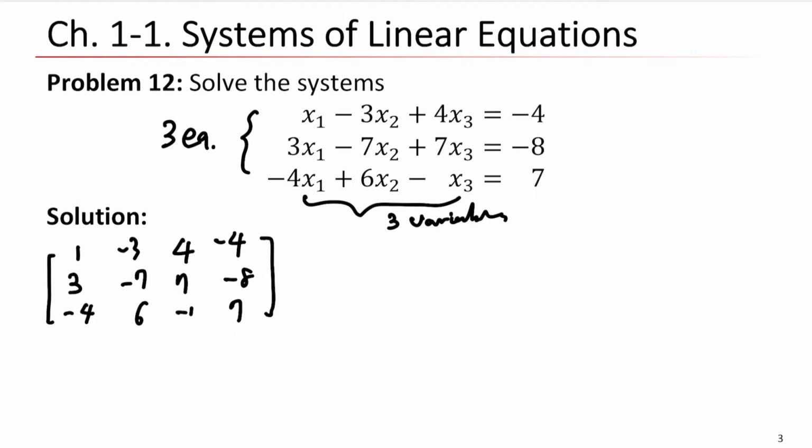To solve this problem, we have to row reduce this augmented matrix. First of all, we have to eliminate this entry and this entry, right?